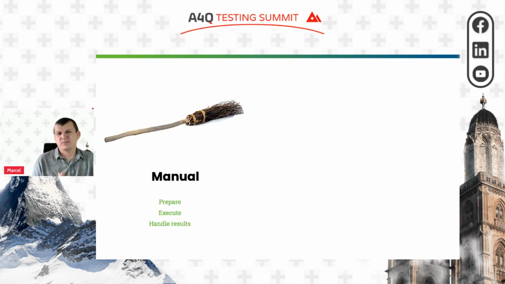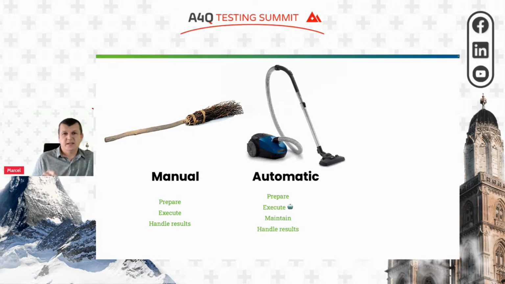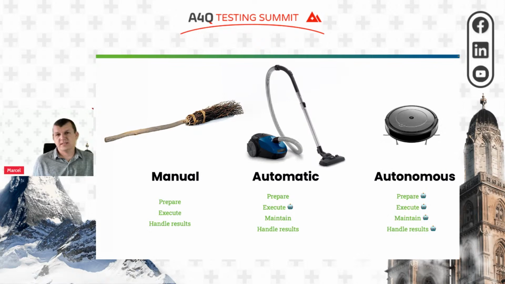When we are talking about manual testing, we need to do everything manually. When we introduce some automation, that might be some kind of hoover, but we still need to do a lot of stuff manually. And autonomous testing is that we are basically trying to reduce all the human effort, not only in test execution.